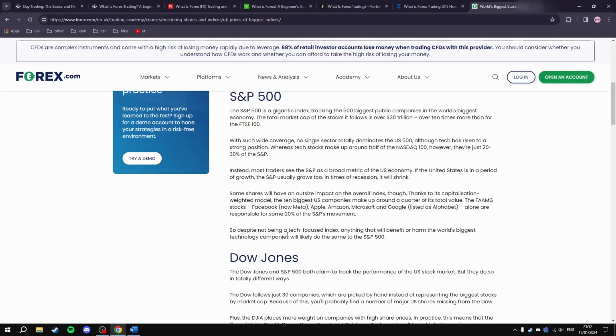The total market cap of the stocks it follows is over 30 trillion, over 10 times more than the FTSE 100.